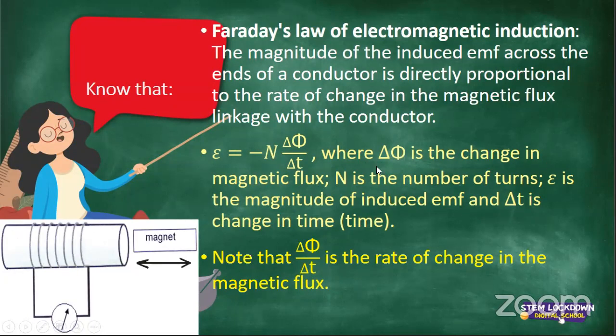So phi represents magnetic flux, delta phi is the change in magnetic flux, and delta t is the change in time. Right, so note that delta phi over delta t is the same as the rate of change in magnetic flux.